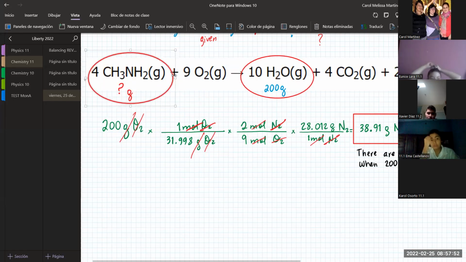What should I do next? Well, this is going to be example number 2. If I want to get 200 grams as a result, I want to know how much methylamine I need to use. So I'm going to start from getting the molar masses.